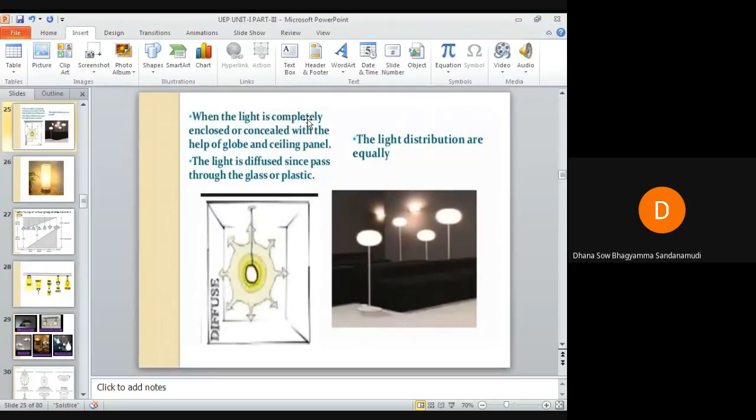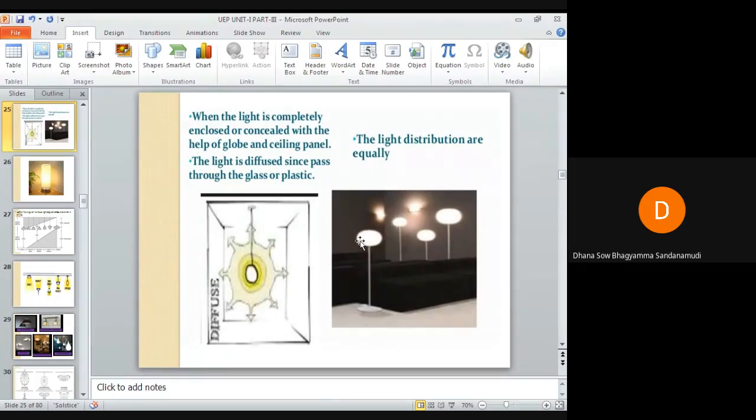When the light is completely enclosed or concealed with the help of a globe or ceiling panel, the light is diffused since it passes through the glass or plastic. Here you can't see the lamp, you can see the globe. So what is a diffused glass? You already know this globe is nothing but a diffused glass.